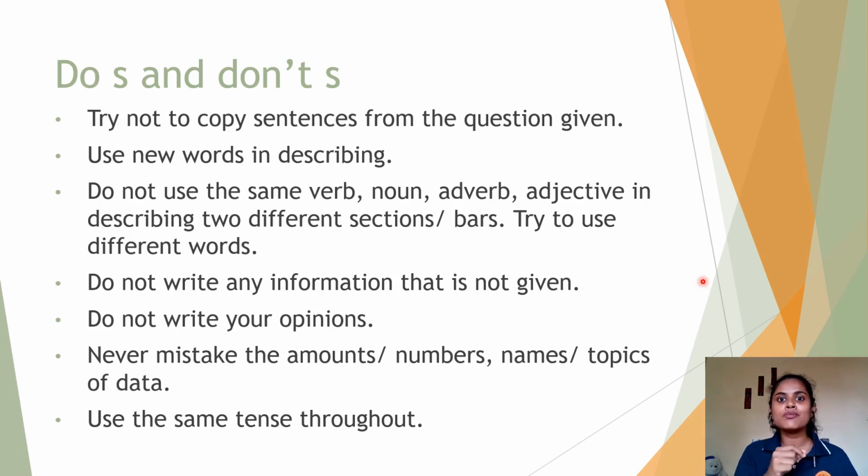If by mistake you did not write the correct amount for the maximum amount, you're losing marks for that. So it is really easy to catch marks for this answer, but if you make mistakes, it is really a waste. So do not mistake the amounts, numbers, names, or topics in the data sets. And also, do not change the tense throughout the text. Make sure that you use the same tense throughout the answer.